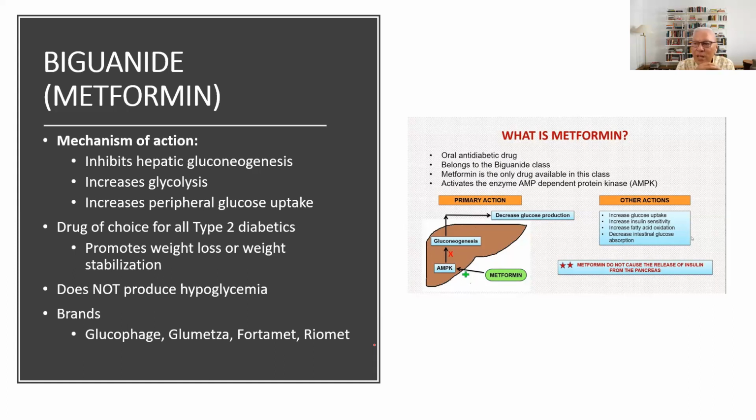The other thing is that they also help lower blood glucose levels by making the muscle tissue more sensitive to insulin so that it can absorb glucose for energy.